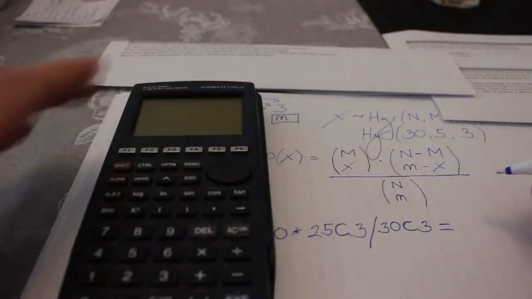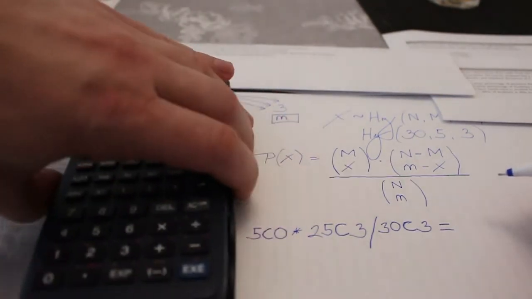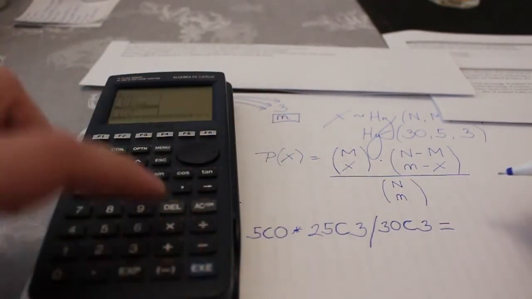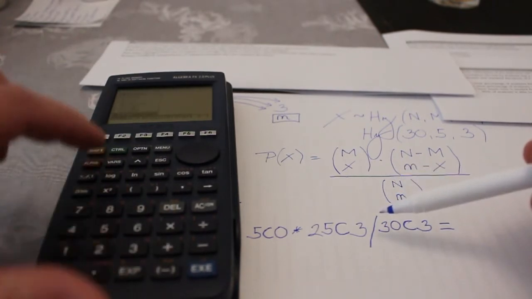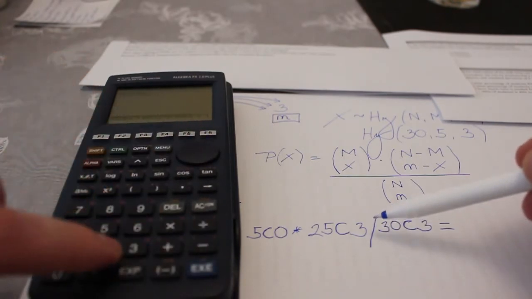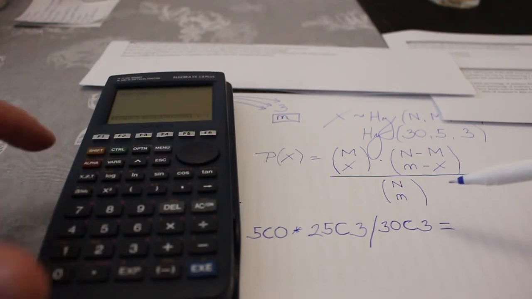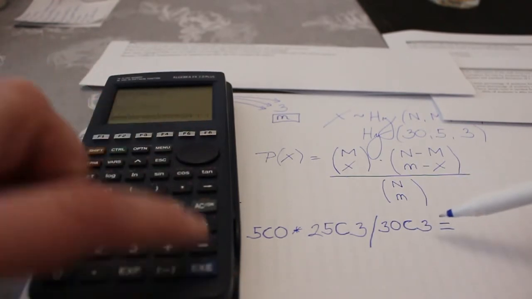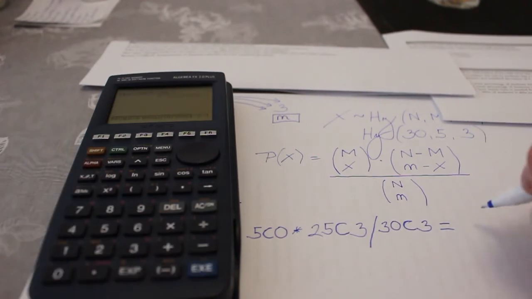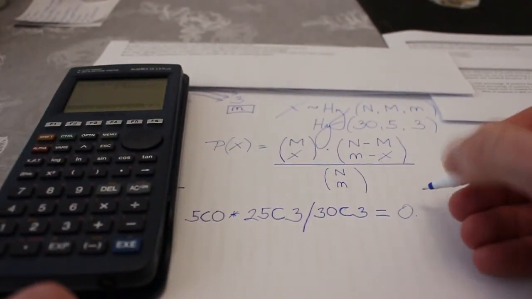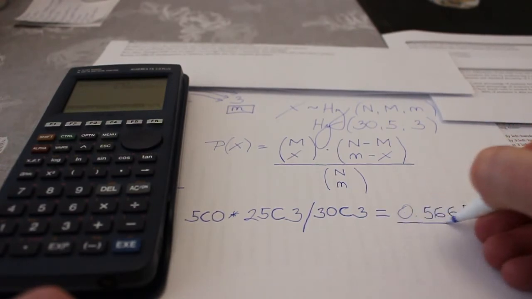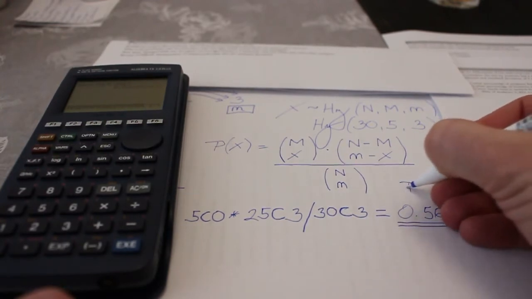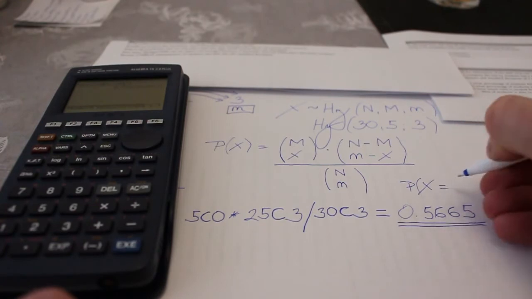So I will use this calculator and I will calculate 5 combination number 0 times 25 combination number 3 divided by 30 combination number 3. Enter. Result is 0.5665.